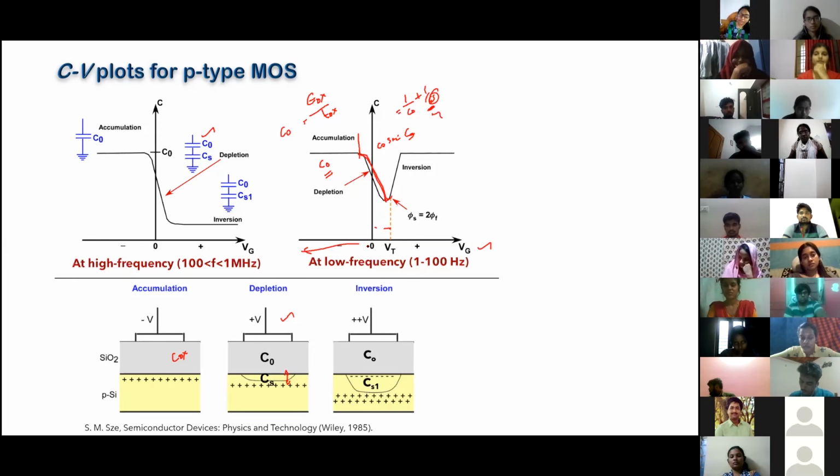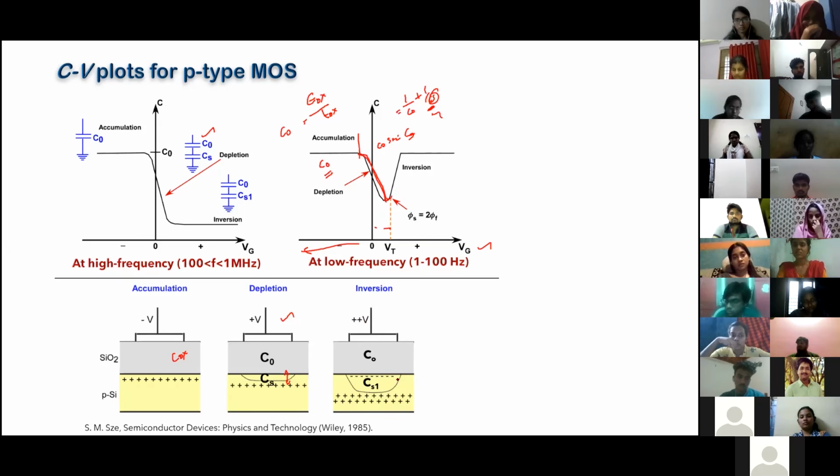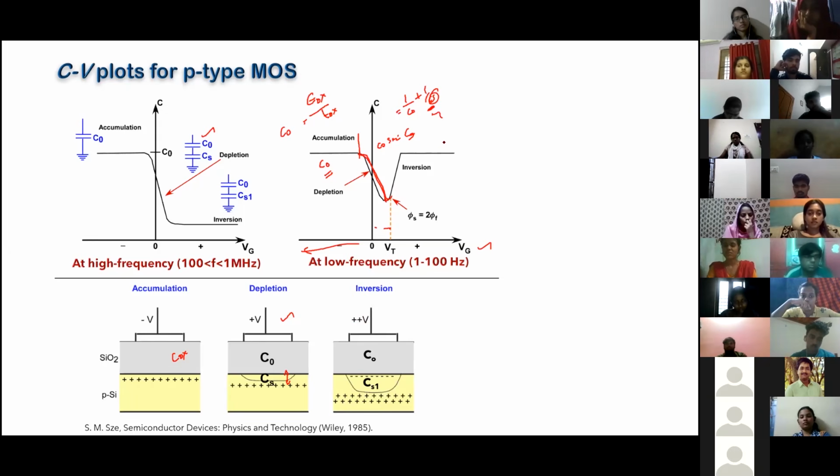After, when you are applying a really high voltage, an inversion occurs. Therefore, this voltage is a really small voltage. It will become really negligible, and the oxide layer capacitance alone will exist here.